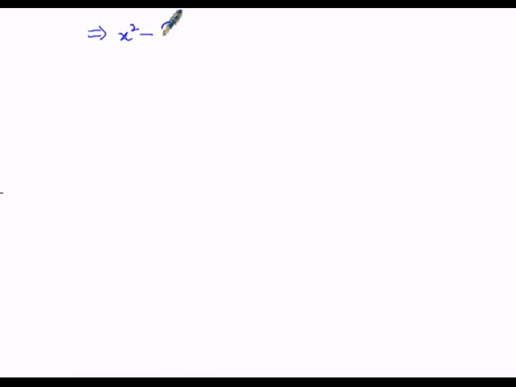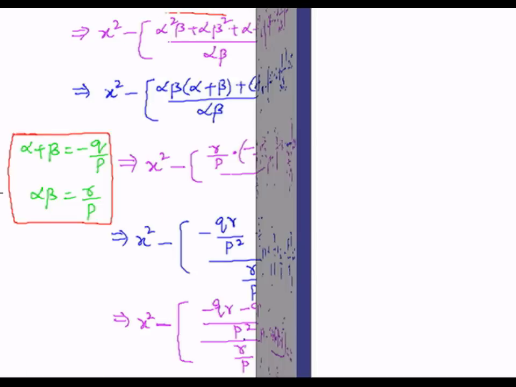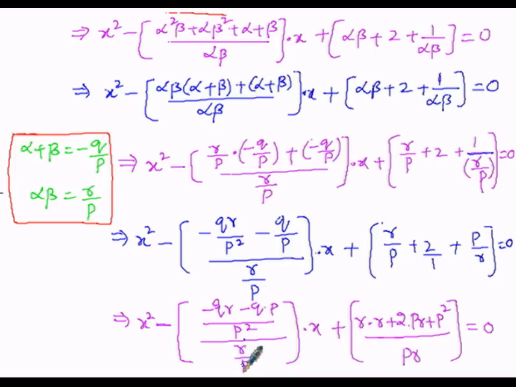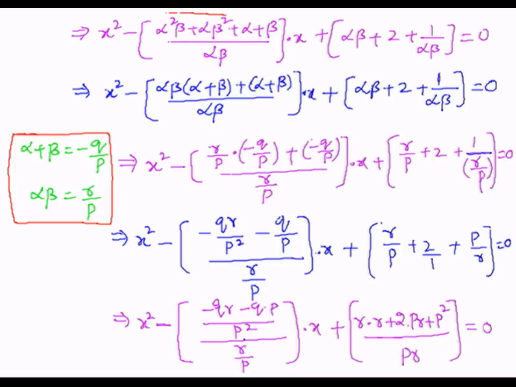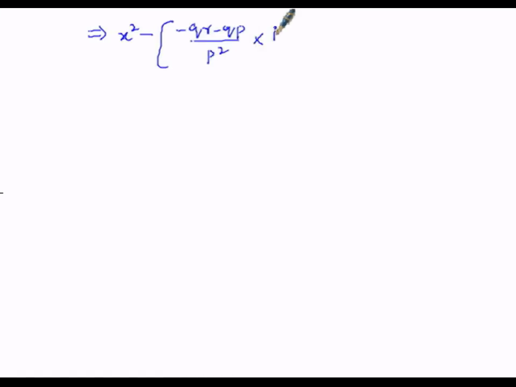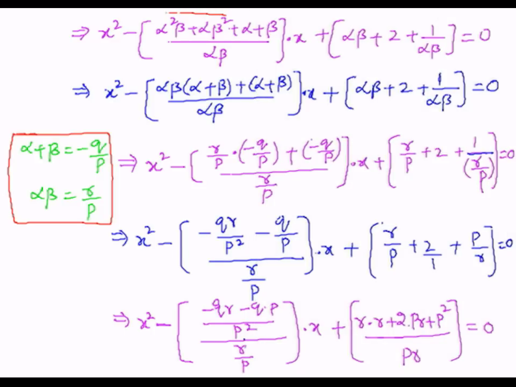So within the bracket I say here minus qr minus qp divided by p square into, instead of the division symbol I wrote into, so here r by p's reciprocal will be p by r. So bracket close, into x plus r into r is r square plus p square plus 2pr.